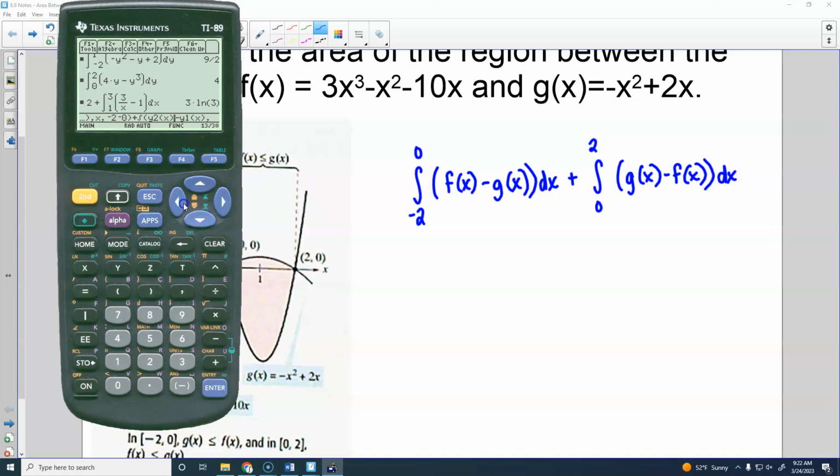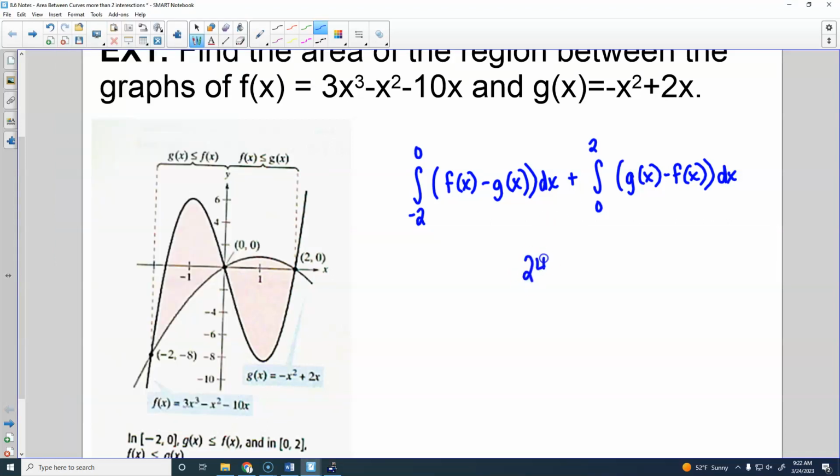It should be, but I have a negative right there. Yeah, negative 2 comma 0 is what you should have. Comma x, comma 0, comma 2. Let's hope I've typed everything in right. Come on.